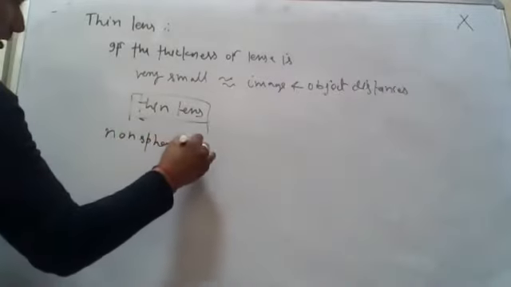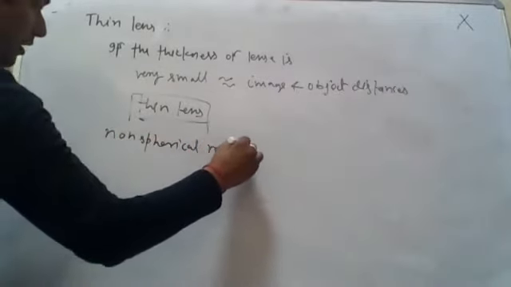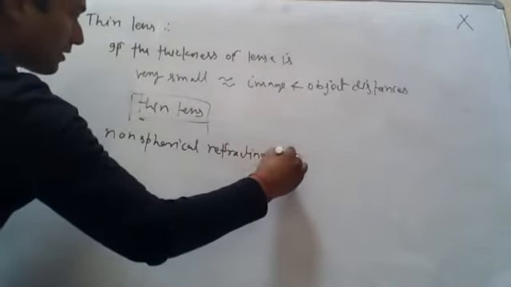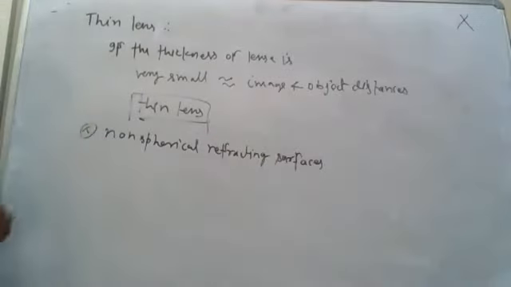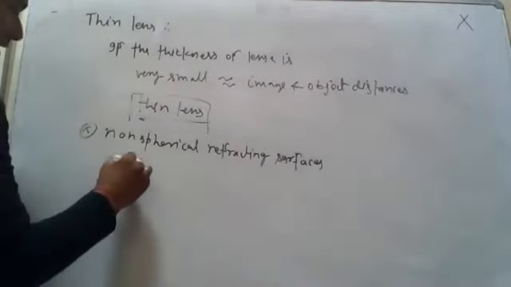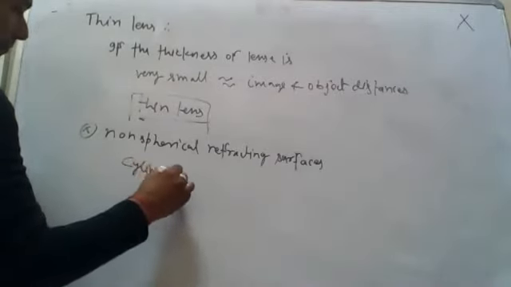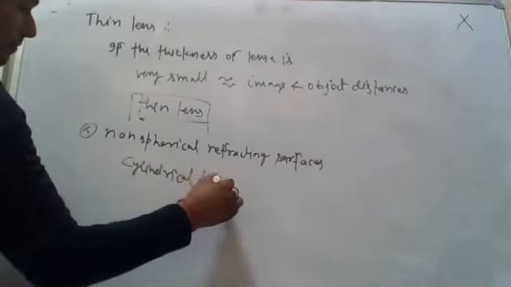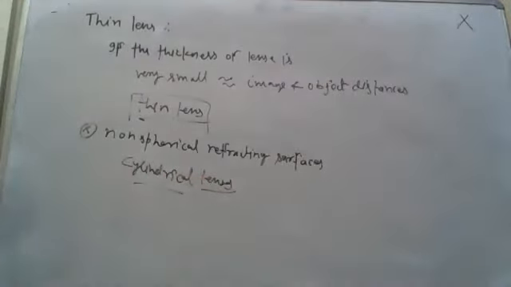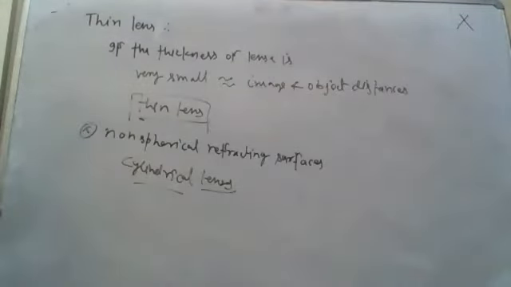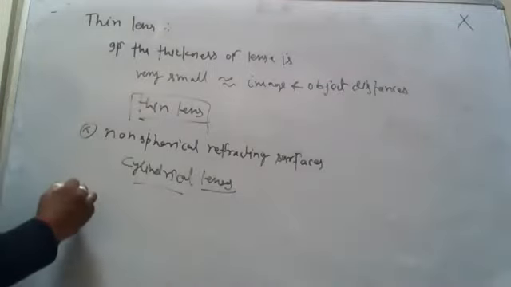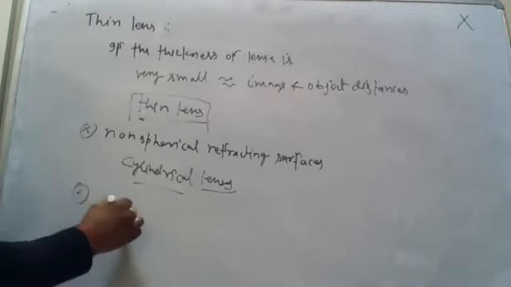A lens having non-spherical reflecting surfaces is known as a cylindrical lens. It has the shape of a cylinder compared to the sphere. So basically, we have two kinds of lenses: one is the cylindrical lens, and another one is the spherical lens.